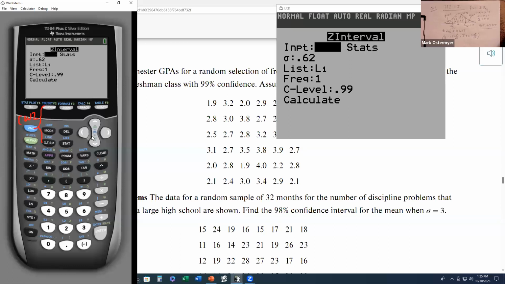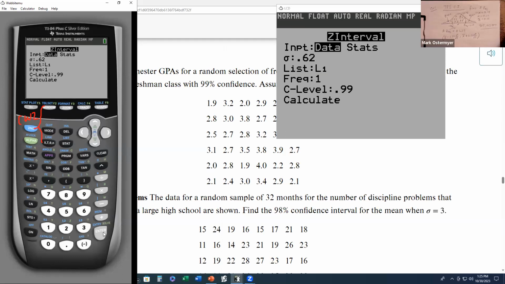Now, we could have found X bar using our function one-var stats to find X bar, and then we could have just used the stats feature to build a confidence interval. But I want to show you how, when given a raw data set, you do these confidence intervals. So we select data and type in the population standard deviation, which they told us in the problem was 0.62.